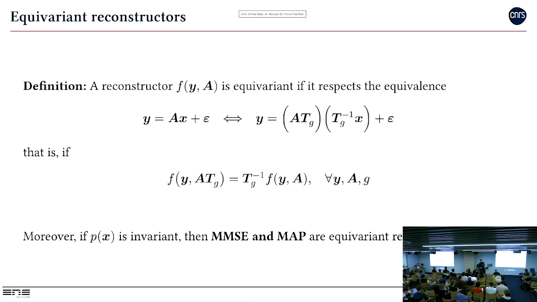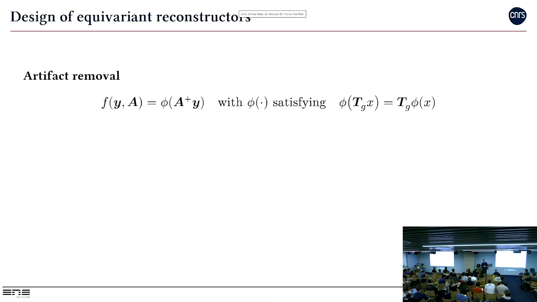This might look a bit confusing, but we can do a sanity check. If we think of famous estimators like the maximum a posteriori or the MMSE estimator, assuming the distribution is invariant, then we get this property. So F, if it's an MMSE or a MAP, holds this property. If we don't have the MAP or the MMSE but are, for example, using a U-Net, typically we do some back projection into the image space and then pass it through a U-Net.